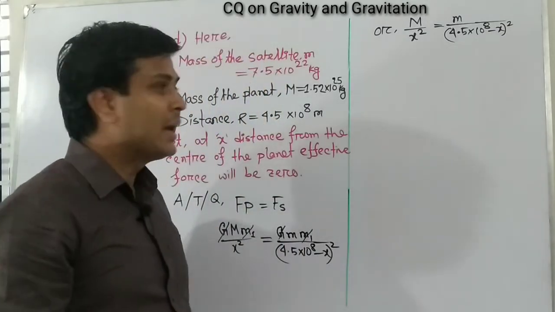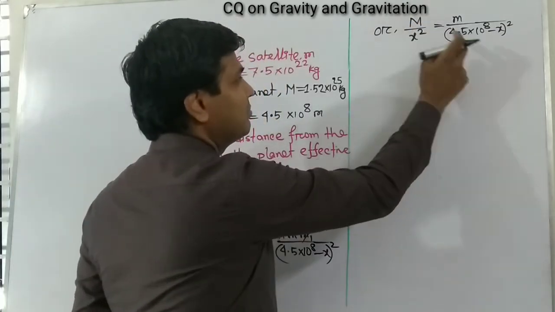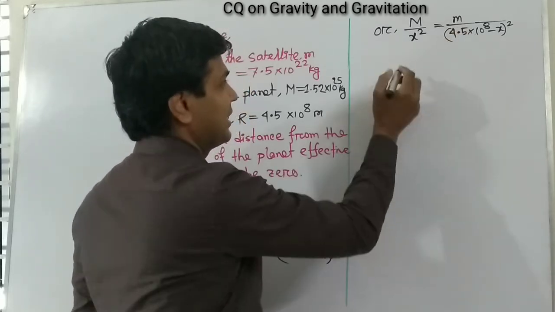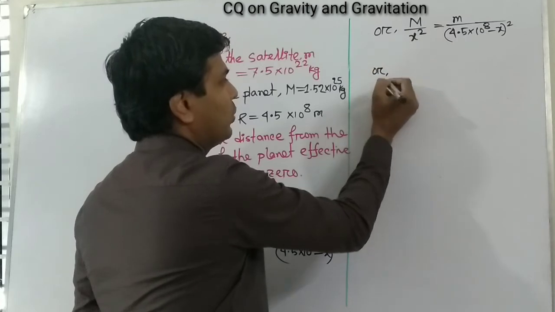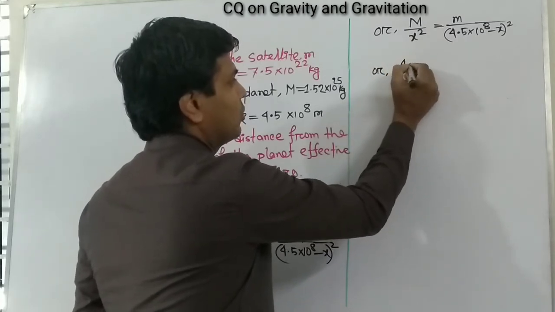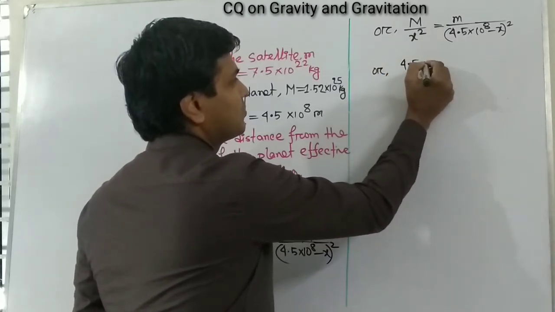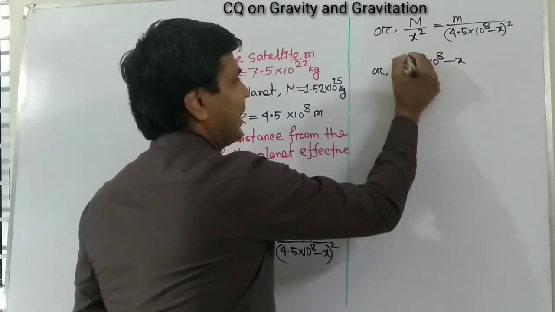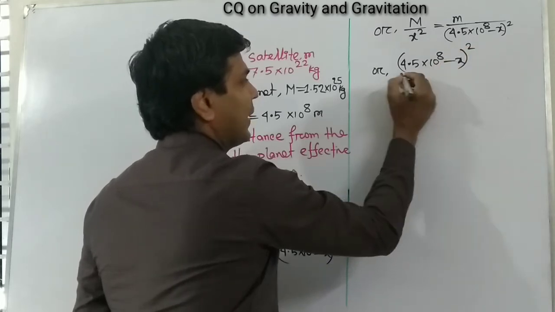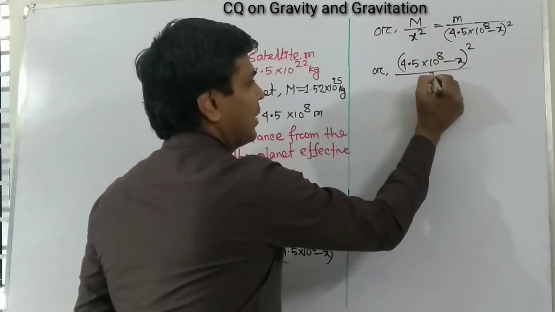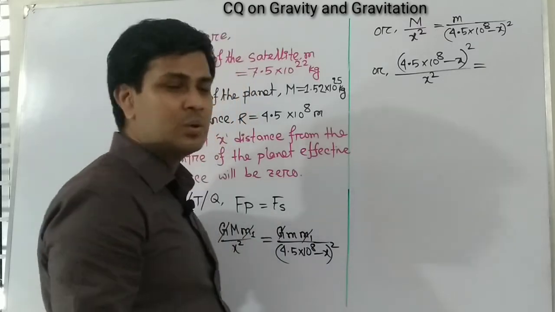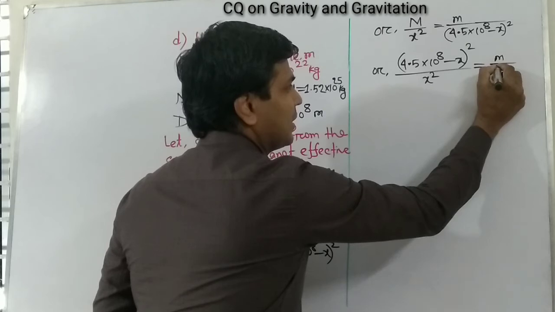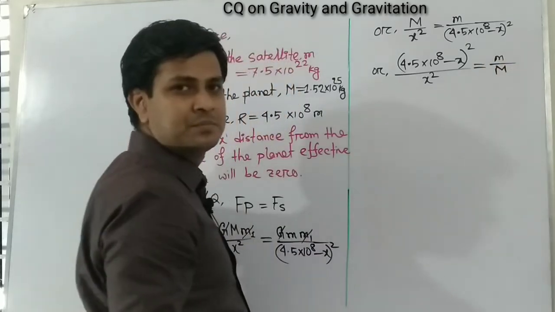Now if we exchange positions, we can write 4.5 into 10 to the power 8 minus x whole square divided by x square equals to small m divided by capital M.